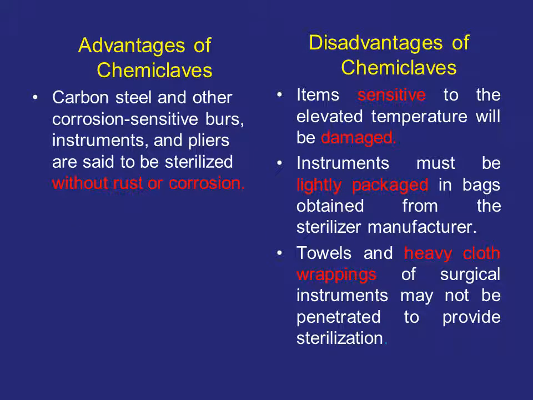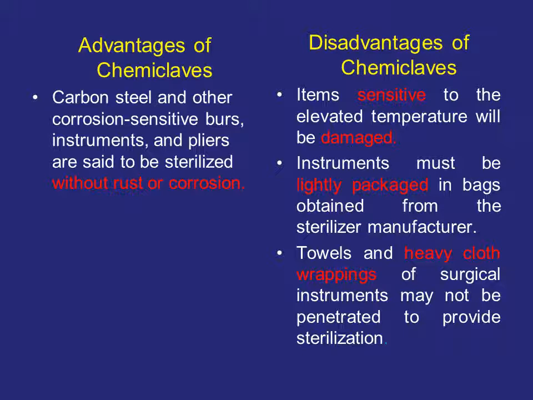The advantage of chemiclave is that any carbon steel and other corrosion-sensitive burs, instruments, and pliers can be sterilized without rust or corrosion. While the disadvantage of chemiclave is that any instrument that is sensitive to elevated temperature can be damaged.